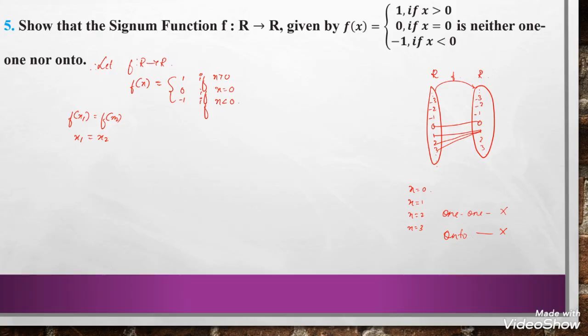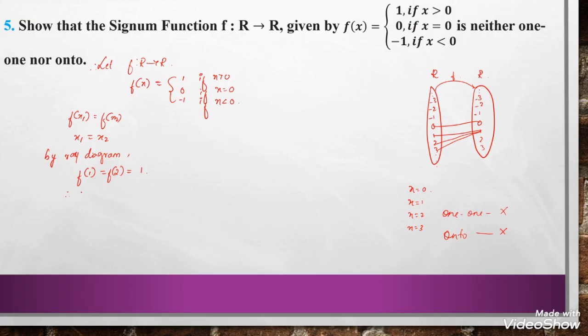By the ray diagram, what can I write? f of 1 and f of 2 are equal to 1. Whatever values we have taken greater than 0, f of 1 and f of 2 are equal to 1.